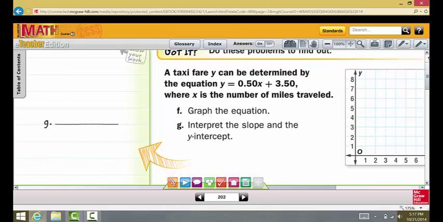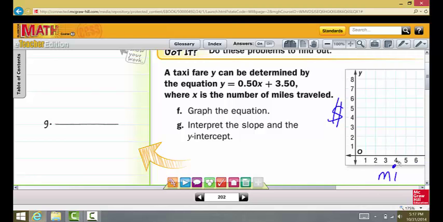So what does that represent in our problem? First of all, there's a serious problem with this particular graph here. They don't have dollars labeled here, and they also don't have miles labeled here.